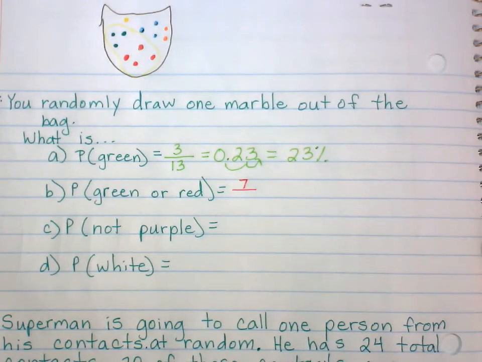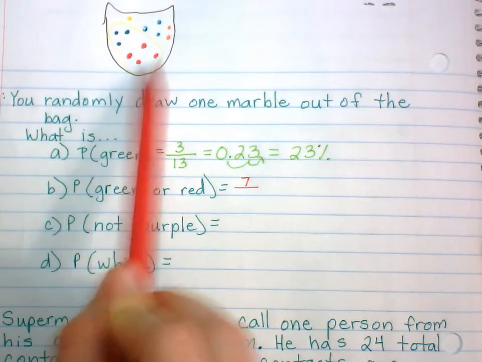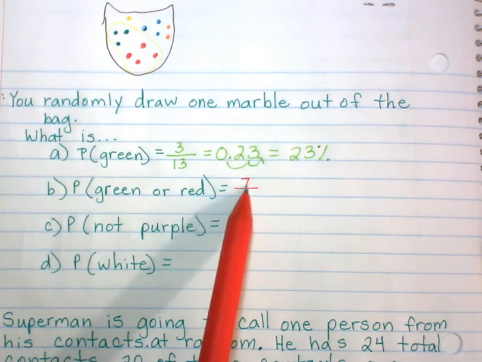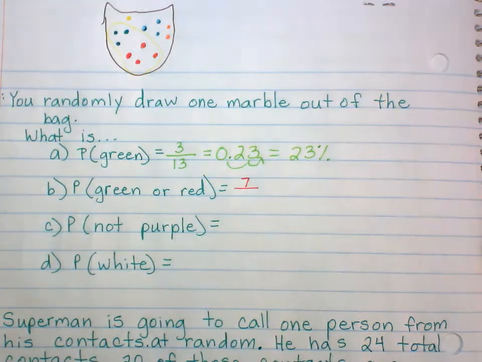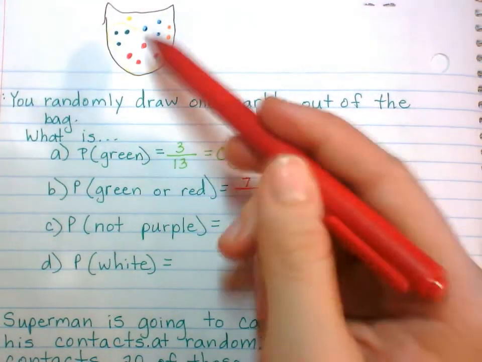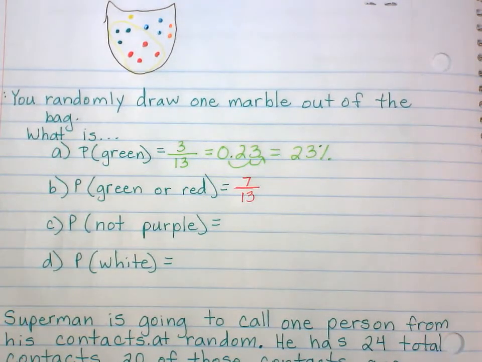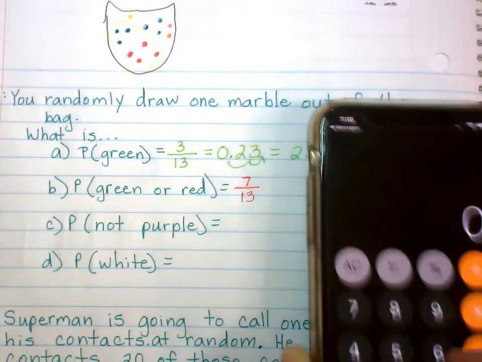Pretend if it's like, if you draw a green or a red marble, I'll give you 100% on your test. So you're like, well, how many are green or red? We have 3 green and we have 4 red. 3 plus 4, we have 7 marbles that are green or red, over how many marbles total? We already counted. There are 13. So 7 out of 13. That's the probability of drawing a marble that's green or red.